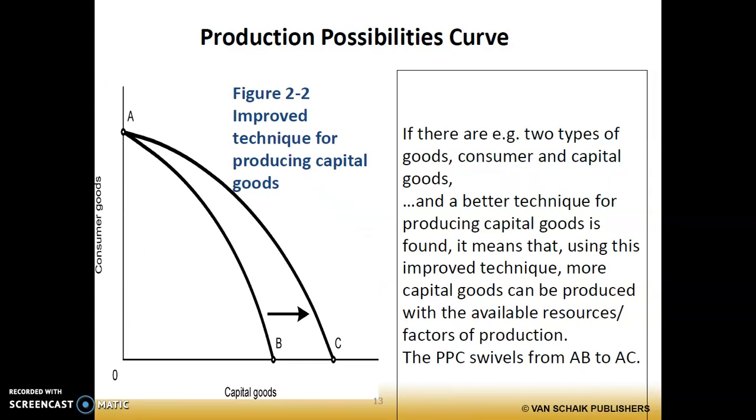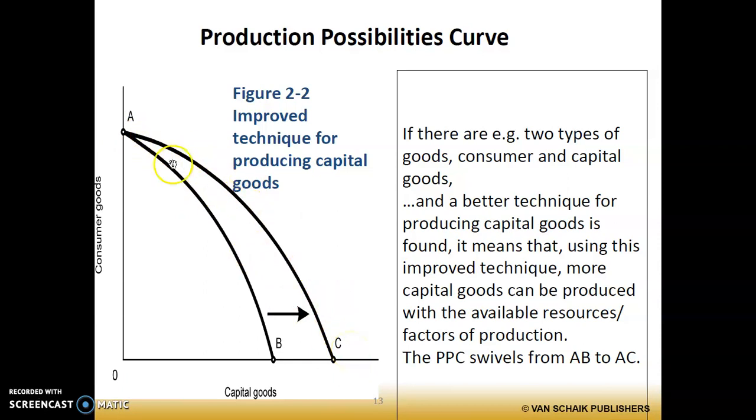Figure 1.2 illustrates the original production possibility curve as AB. If there is an improved technique for capital goods, capital increases from B to C. The new production possibility curve is now illustrated by AC.